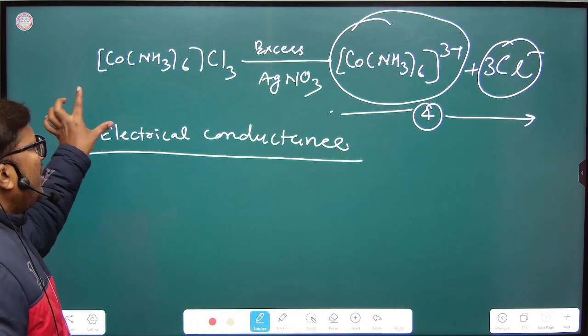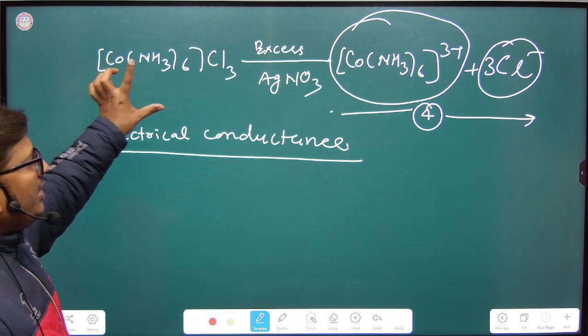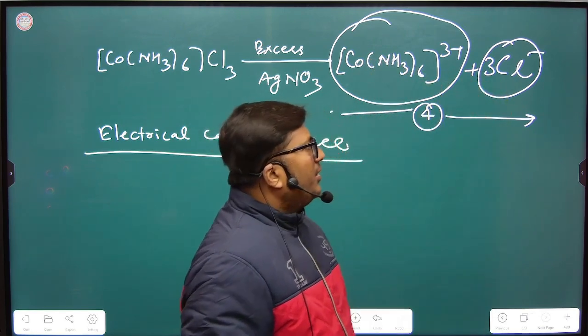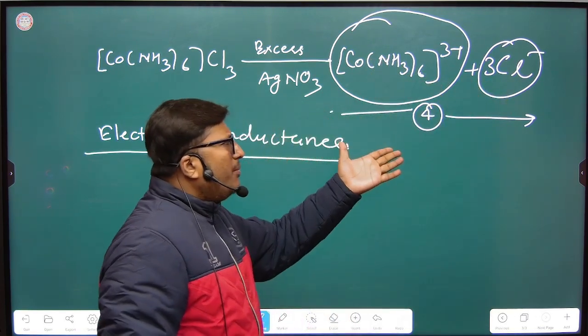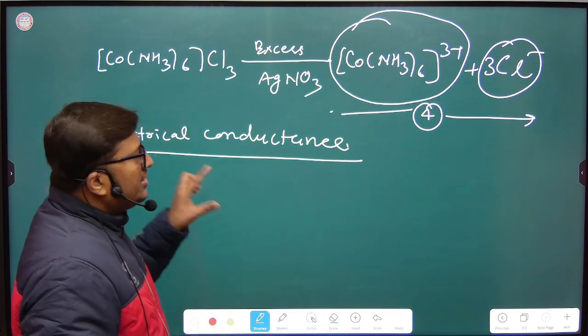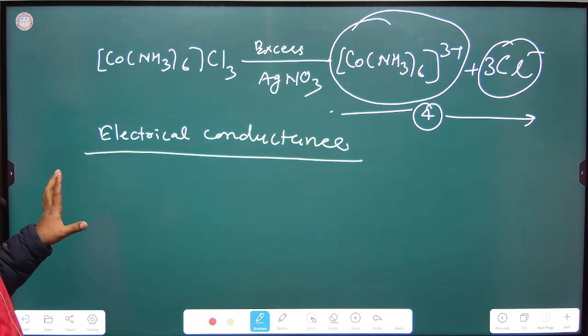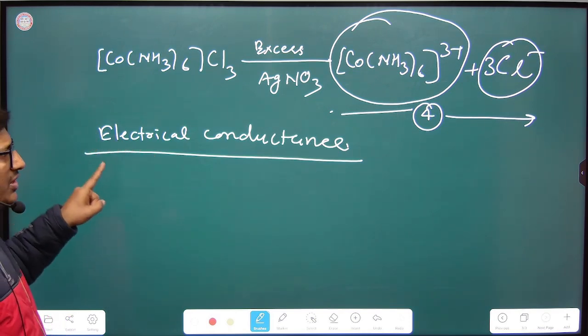This complex compound furnishes one complex cation and 3 chloride ions, so there are 4 ions. This indicates that the electrical conductivity of this solution is high.